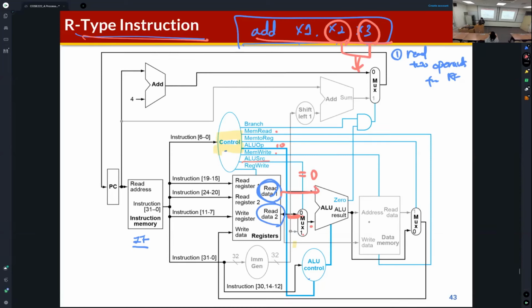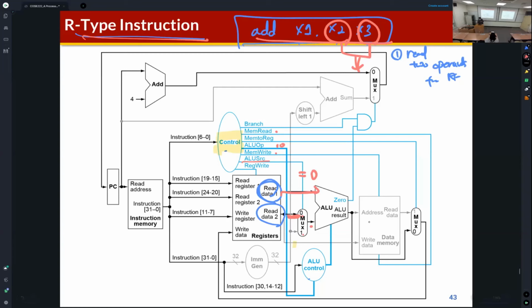So in the control signal, usually, not always, but if the control signal is 1, it means that it's enabled. And if the control signal is 0, it means that it's disabled. Usually, and actually, our processor design uses this convention.